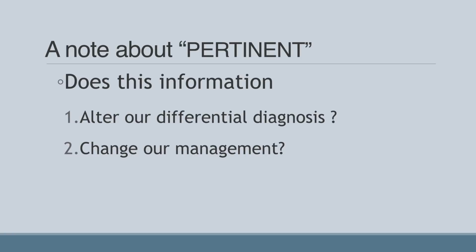In your first year, you're all taught how to take a history, but because you have little medical knowledge at this point, you're really just being taught a million different questions you could possibly ask your patient. But as you learn more medicine, you begin to realize that not all questions were created equal, and that it's really important to ask your patient with back pain whether they have a history of cancer or whether they use IV drugs, and it's much less important to ask them if they have a family history of inflammatory bowel disease.